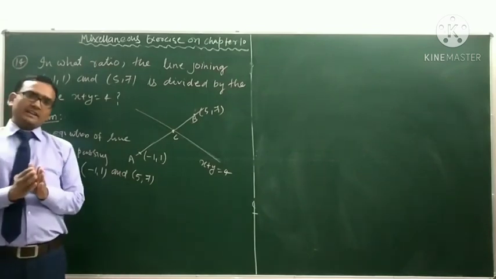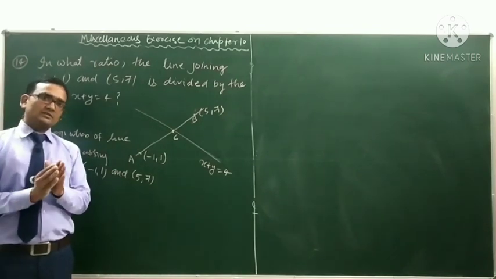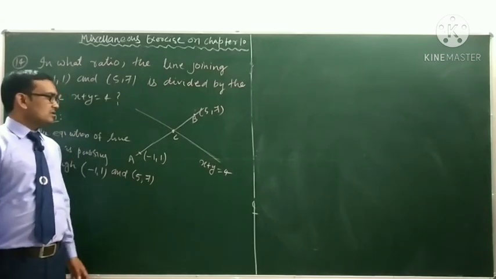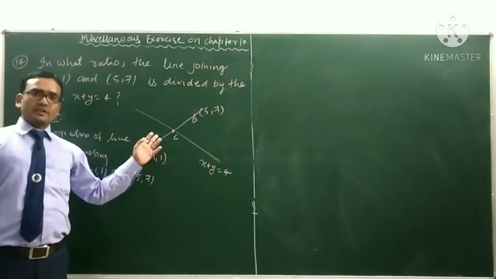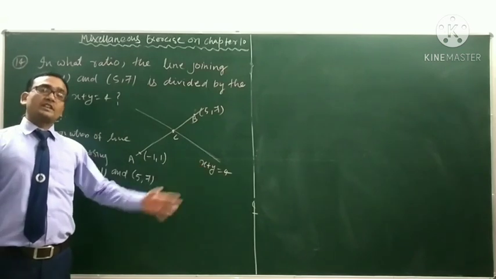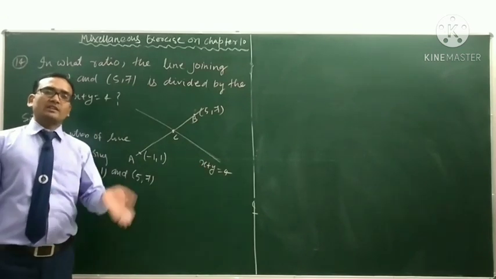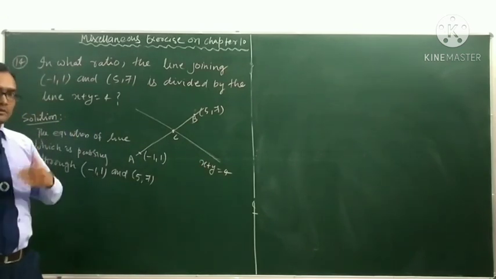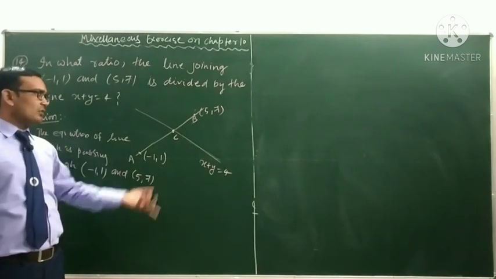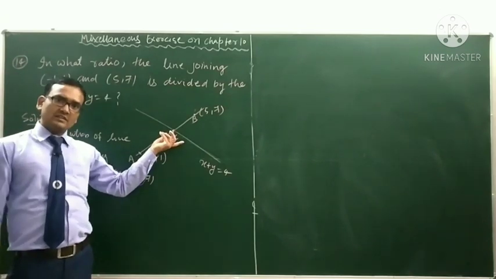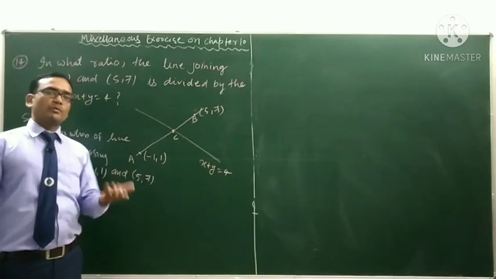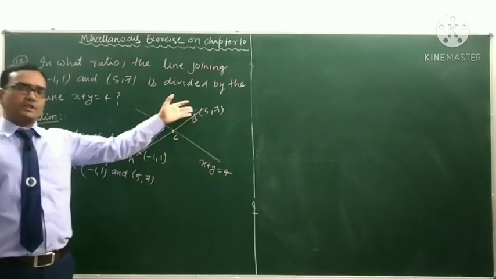Then we find the intersection point of these two equations. We solve these two equations and find the values of x and y. The values of x and y are the coordinates of point C. Then we find the ratio AC to BC.